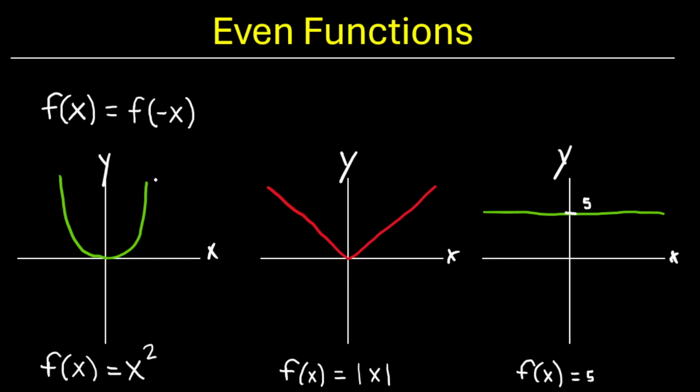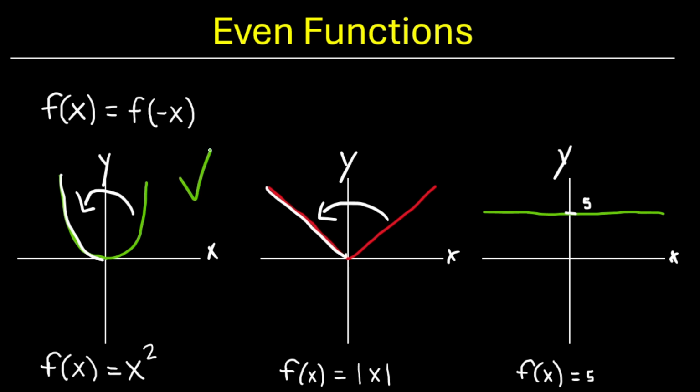The way I like to think of it is if you folded this half of the plot over, it would completely overlay this half, which is another way of visualizing the symmetrical property that these functions have. Again, you take this right-hand side of the graph, flip it over, you'll see it overlays perfectly.